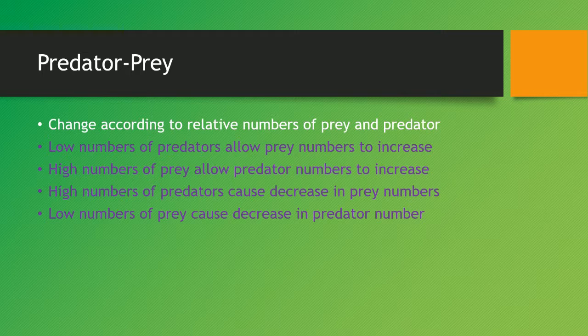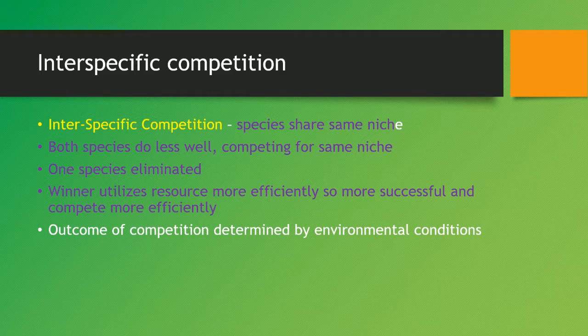Then the prey will decrease as they're being eaten. In turn, the low number of prey means that predators will decrease as there's less food for them. So it's like a constant cycle.